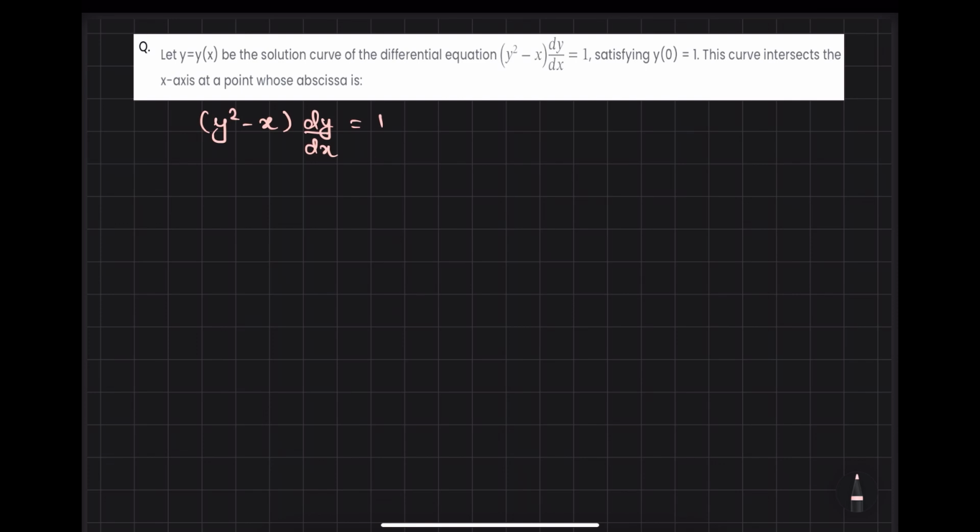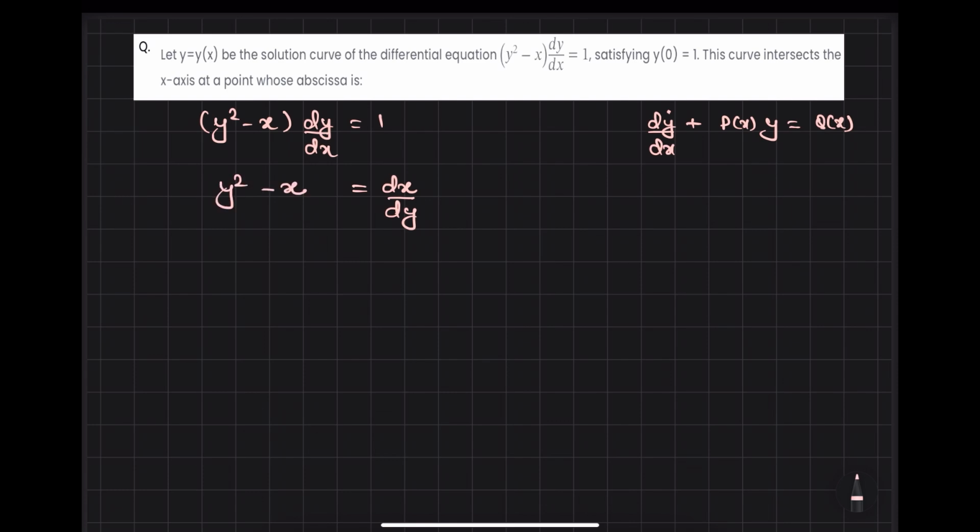So what we will do, we will take help of the linear differential equation. How does the linear differential equation look? It is dy/dx, we want y over here, and then p of x, q of x. Look at this, we cannot do this either. So let's send that dy/dx to the other side, so it will become dx/dy equals y² − x.